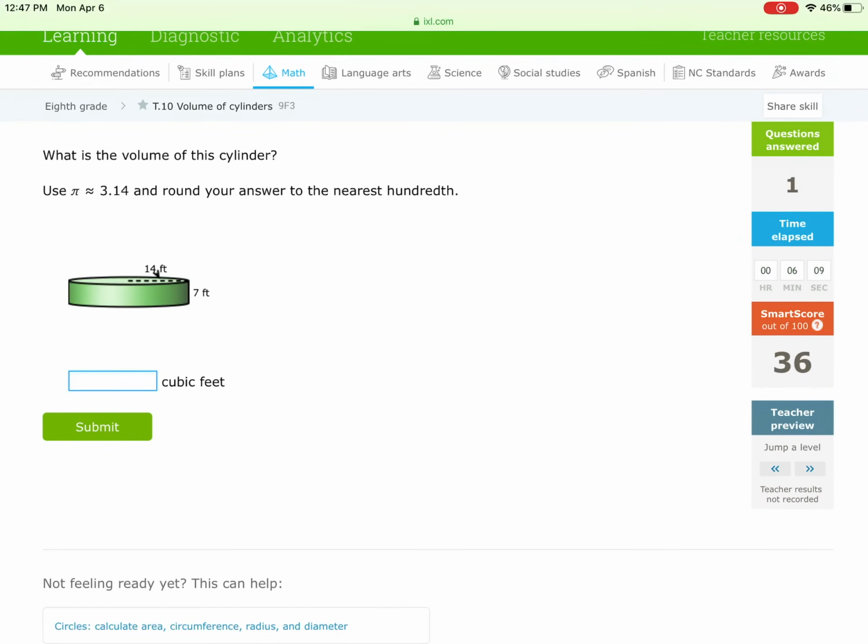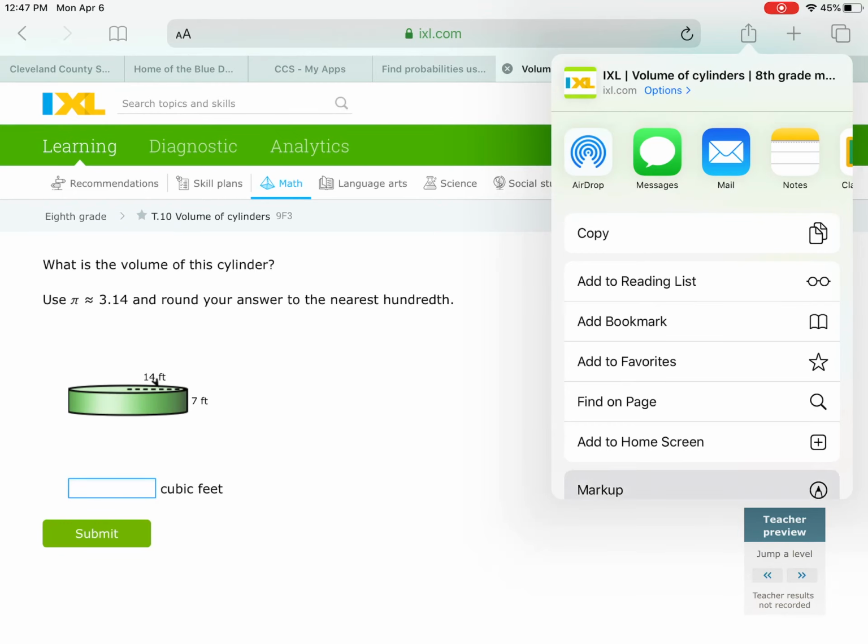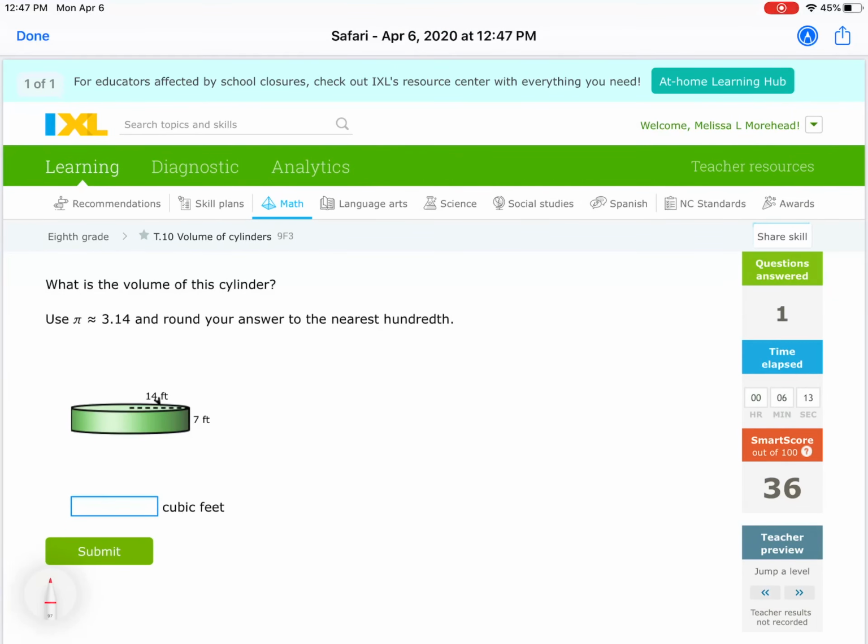This is the same thing again. So I'll write down what you're going to be multiplying. 3.14 times 14 times 14 times 7. Put those in your calculator.